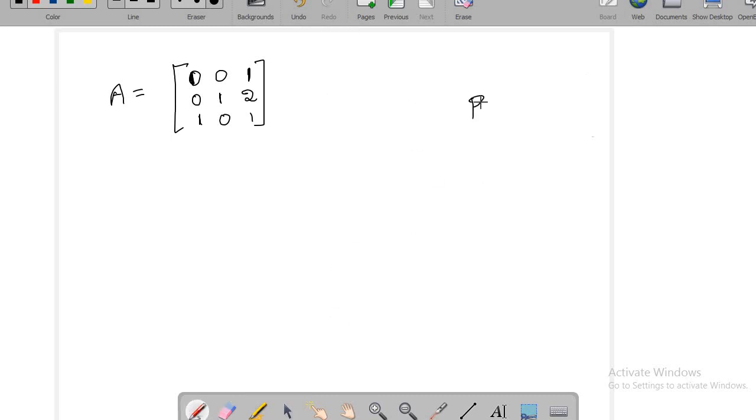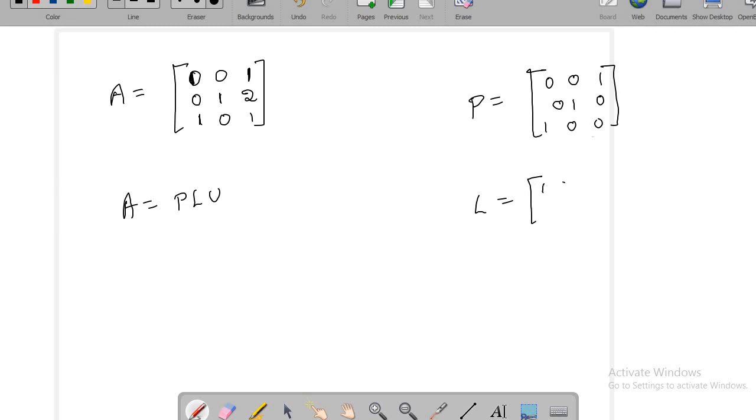For example, if you ask me what is P in this case, just the first row to third row, third row to first, right? So 0, 0, 1, 1, 0, 0, 0, 1, 0. This is my P. Now A is equal to P times L times U. You may ask me what is L. L is nothing but the identity matrix.